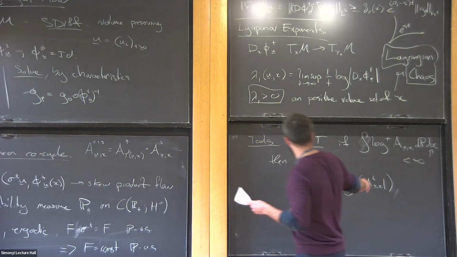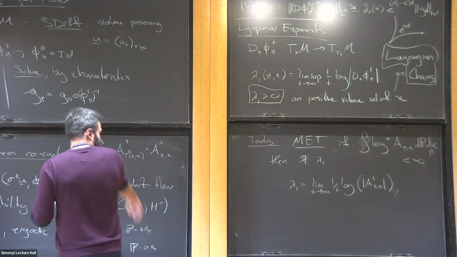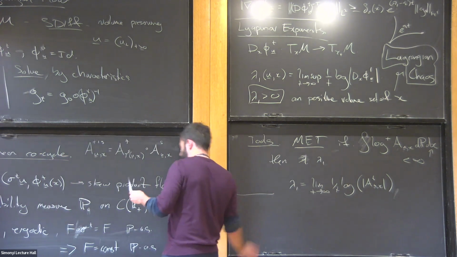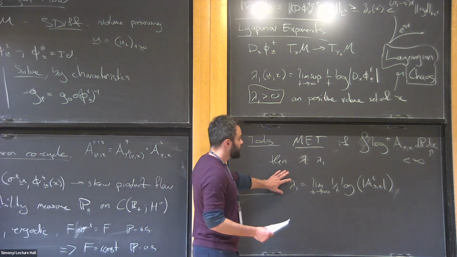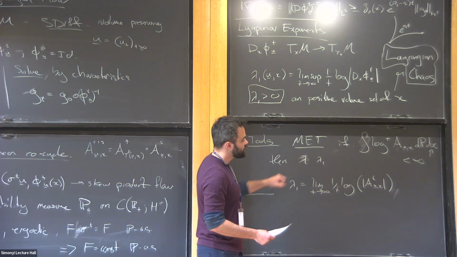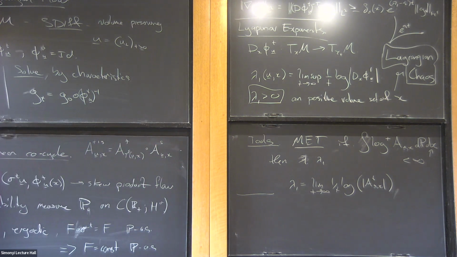This thing could be very degenerate. Okay. So this is one important tool that we want to use. But apart from that, we need a lot more structure in order to say that we have a positive Lyapunov exponent. And to ask further questions, for instance about mixing, we need even more.